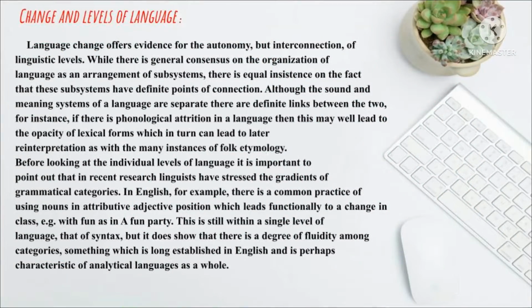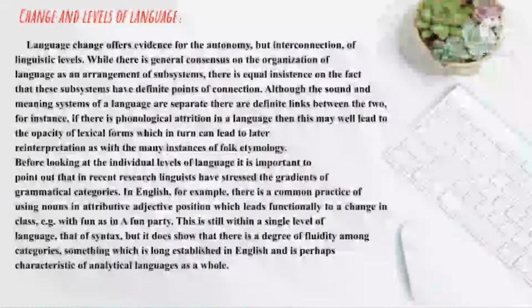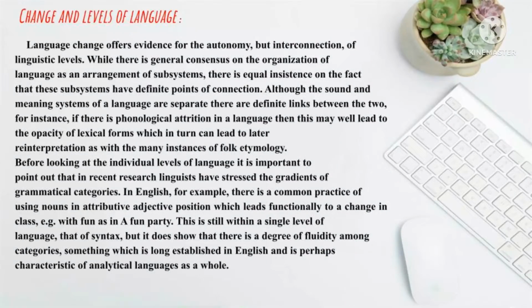Now let's see change and levels of language. Language change offers evidence for the autonomy but interconnection of linguistic levels. While there is a general consensus on the organization of language as an arrangement of subsystems, there is equal insistence on the fact that these subsystems have definite points of connection.